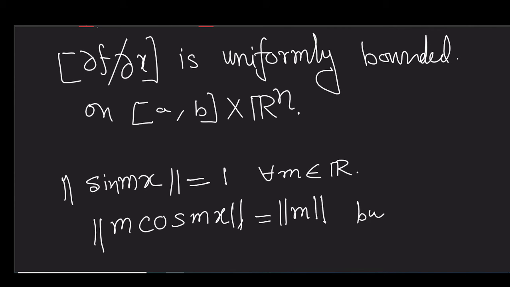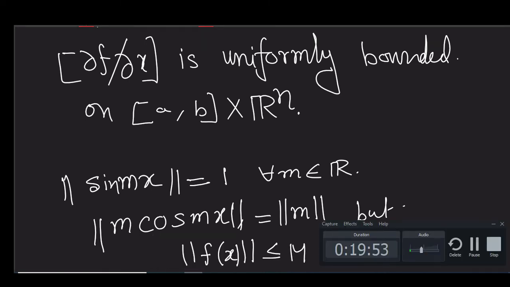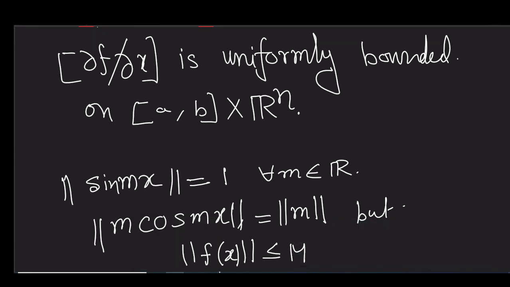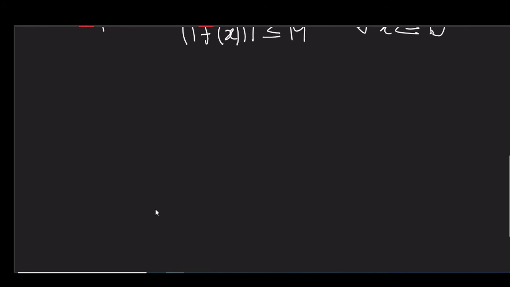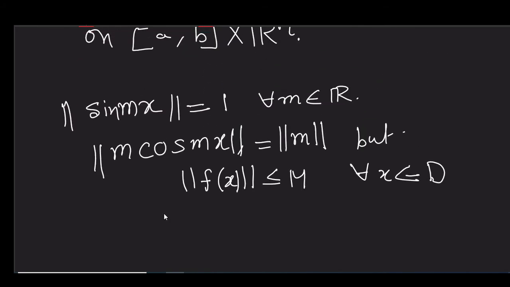But the goal of finding uniform boundedness is that for any function f of x, we will find one finite real number M such that for all x belongs to D, the domain of the function, it may be Rn also if it is defined on the entire domain, this M holds good for all the points, right?